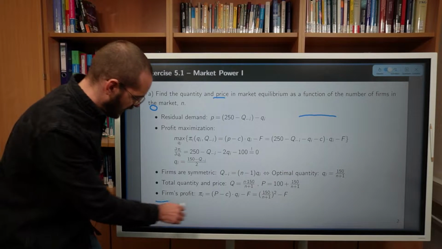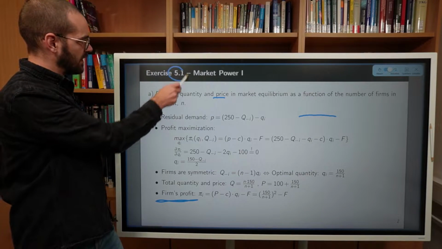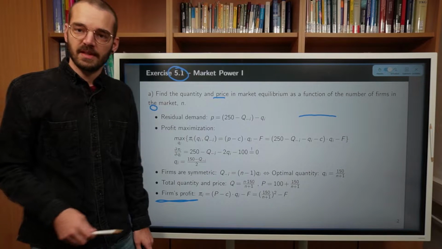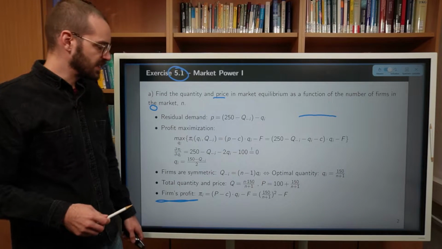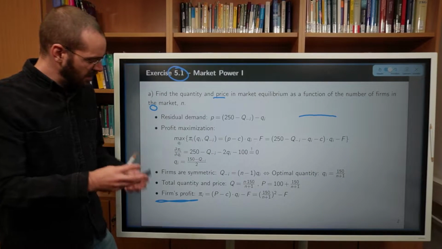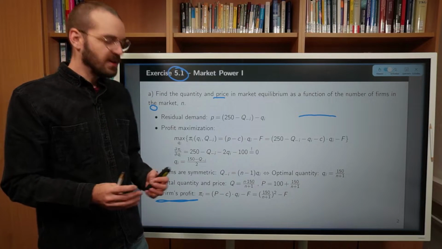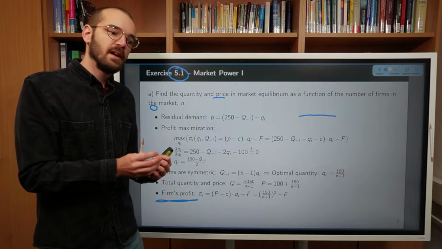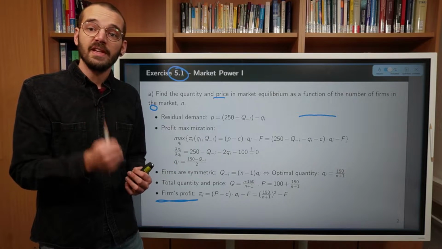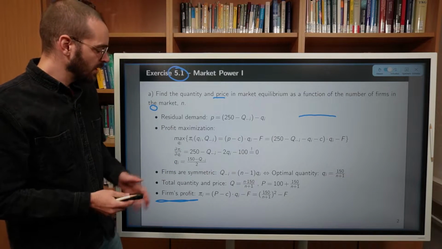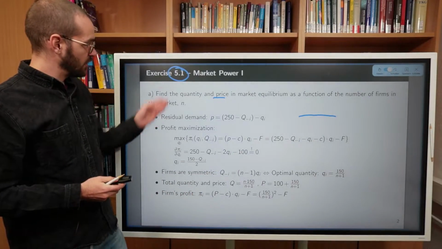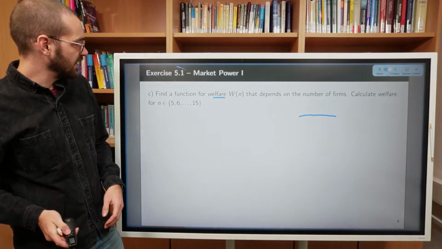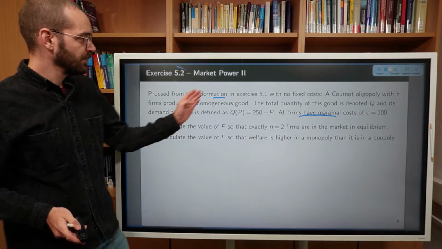Where is it? It's down here. So this is the solutions to exercise 5.1, the previous exercise. We have found the firm's profit as a function of the number of firms n and of the fixed costs, capital F. We can now use this profit function in the exercise we are talking about right now.